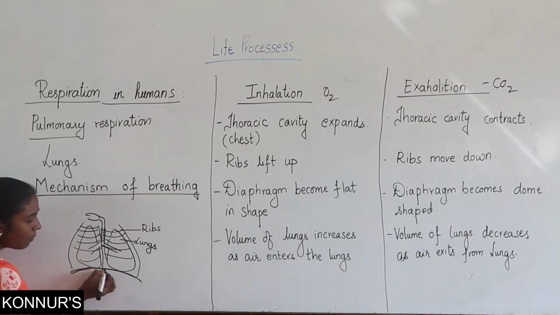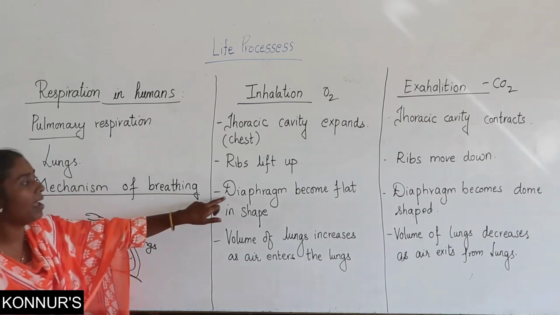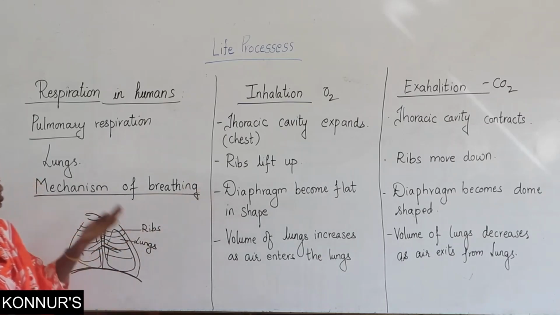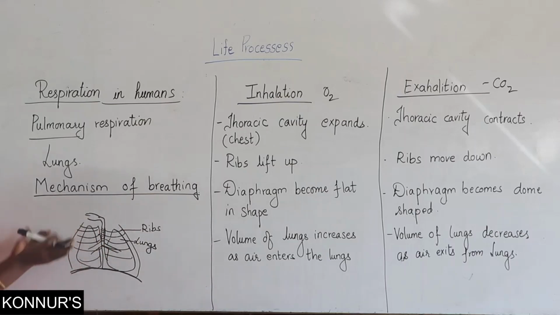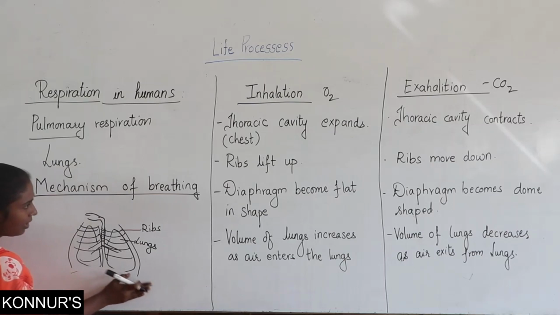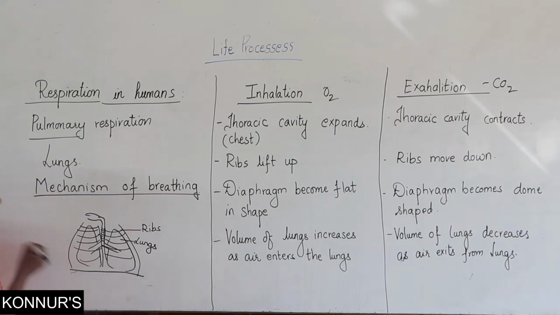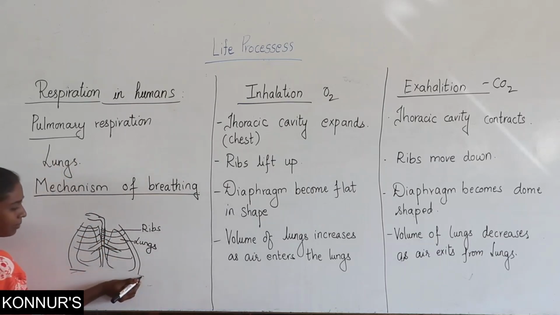This muscular structure is called a diaphragm. When you are taking in oxygen, because of expansion of the chest, it becomes flat. When you are exhaling, the air is coming out, and it becomes dome shaped.